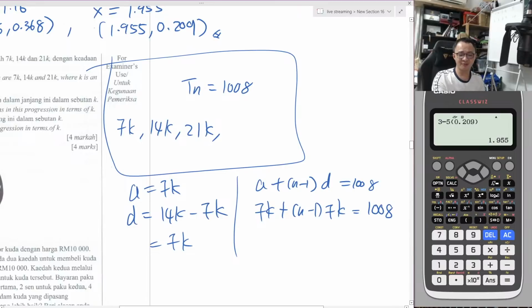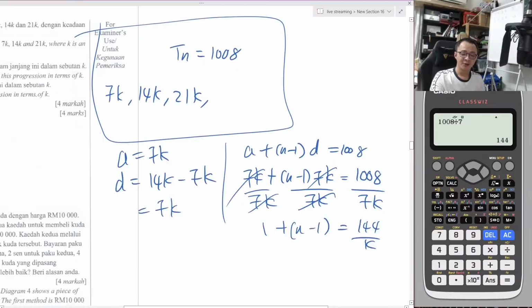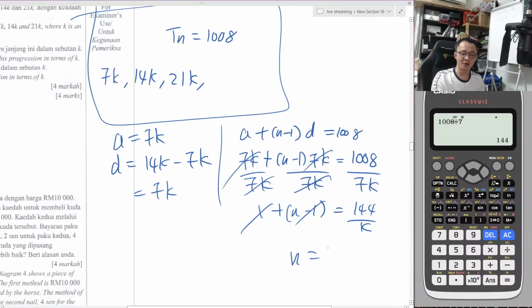I will divide by 7k here. So I got 1 plus n minus 1 equals to 1008 divided by 7k, which is 144 over k. So minus 1 plus 1, n equals to 144 over k. Done. Okay, not too bad.